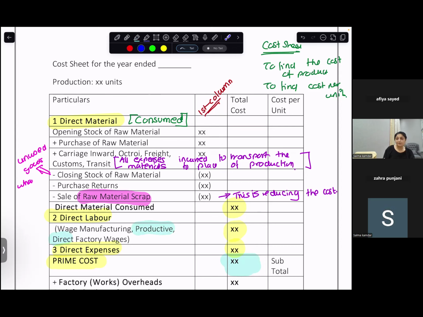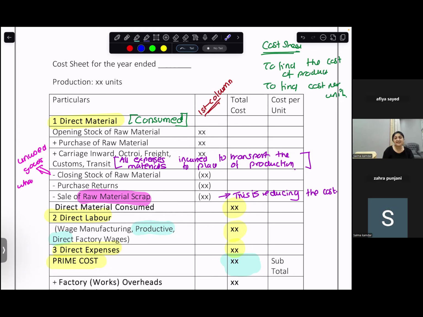If it is unproductive, it goes in the indirect overheads. Indirect factory wages are also in factory overheads.